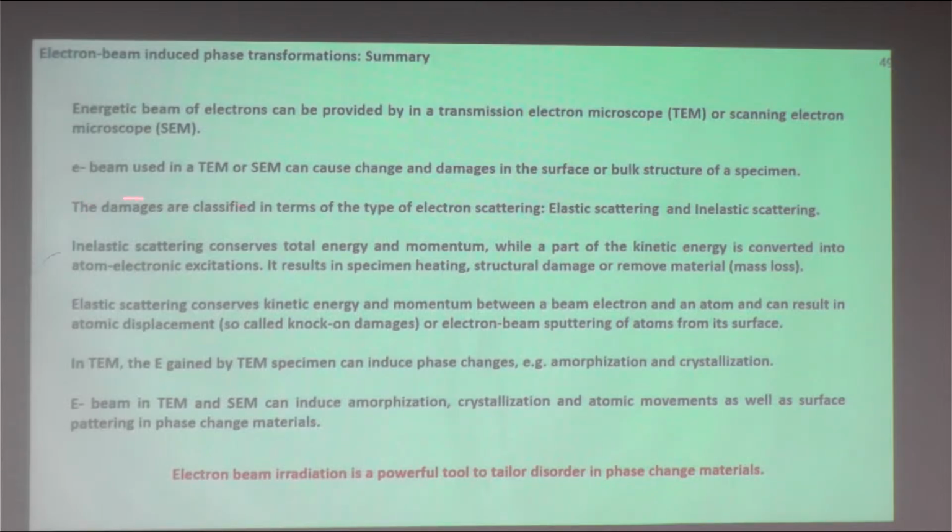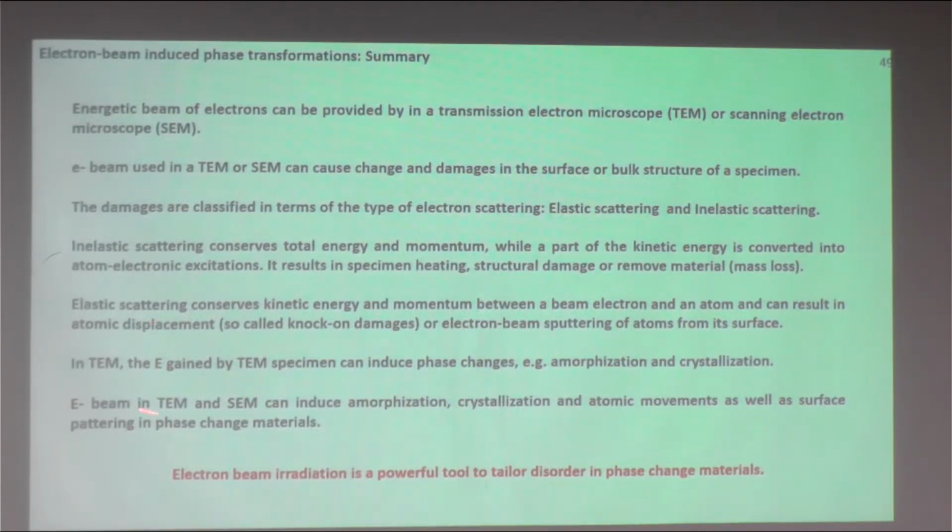The damage is classified by the type of electron scattering, like elastic scattering and inelastic scattering. In TEM, the energy gained by the specimen can induce phase changes like amorphization and crystallization.